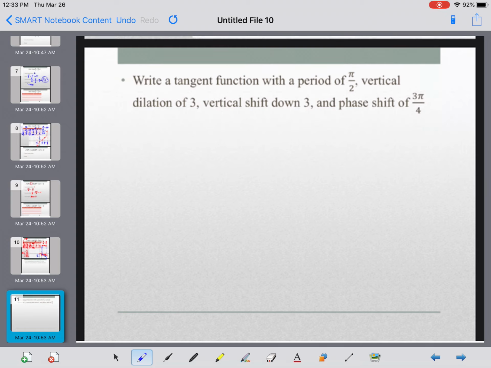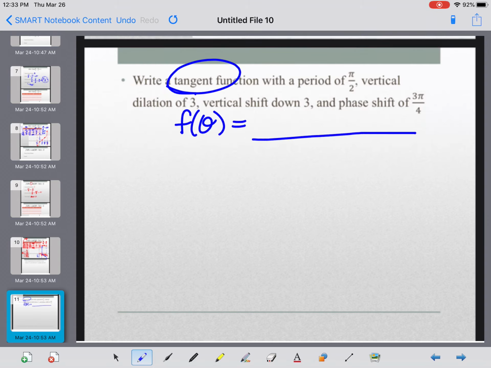Okay, one more thing to look at, writing the function, very similar to what we did yesterday. Tangent is what we're looking for. So it's going to be f of theta equals, and we're going to write our function. So, period, using pi over 2, the formula for period here is pi over b.